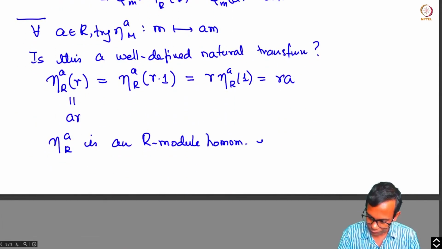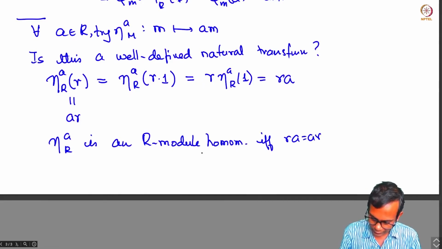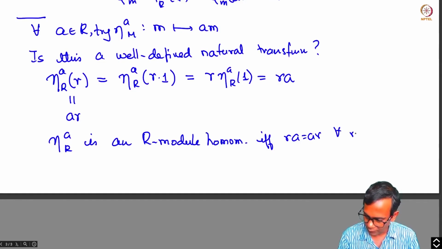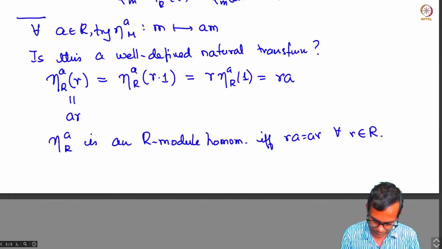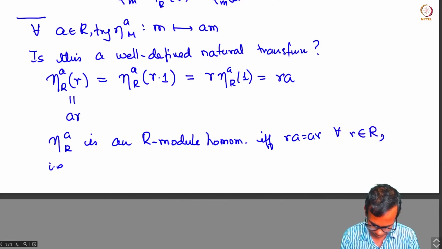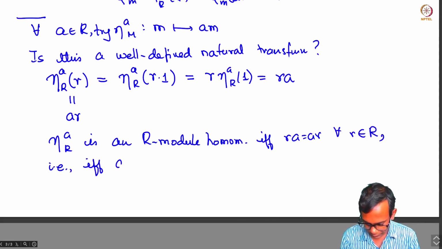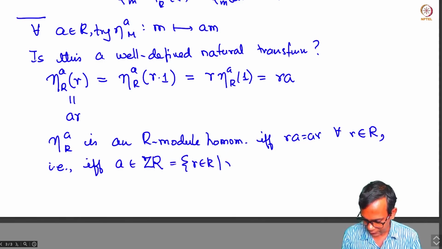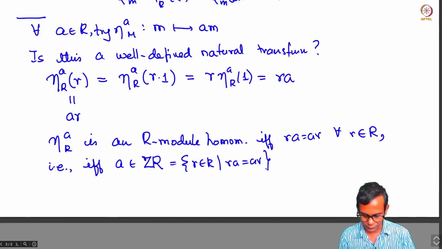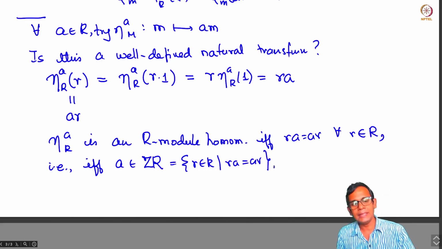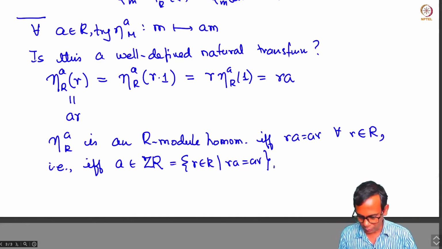if and only if ra equals ar for every r in R. In other words, if and only if a belongs to the center of R. That's just by definition the set of all a in R such that ra equals ar, the center of the ring R. It's easy to show that if a is indeed in the center of R, then eta^a is an endomorphism of the identity functor.